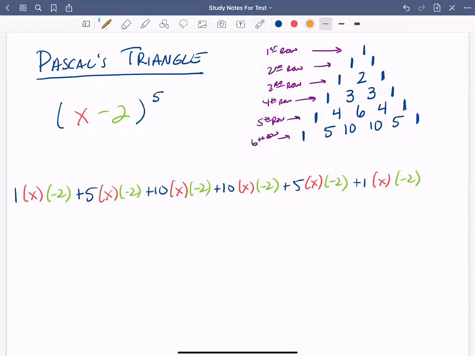So we're going to start with our first term, which is x, and we're going to give it the same exact power that we were given. So 5. And then you're going to go through each term, which is x. So each term x, and just count down from 5. So 5, 4, 3, 2, 1, and 0.